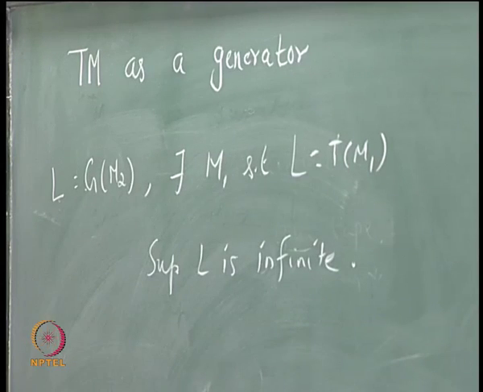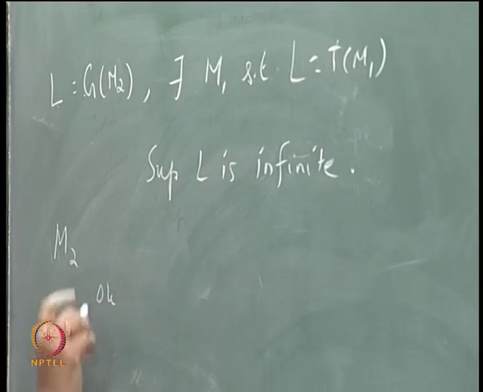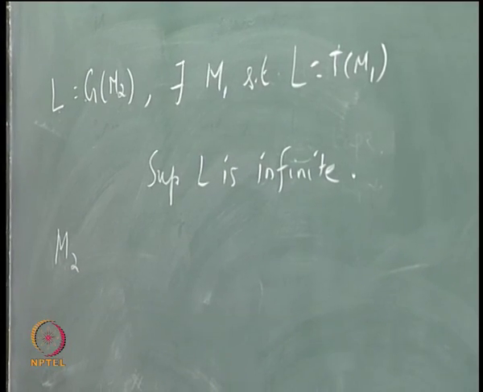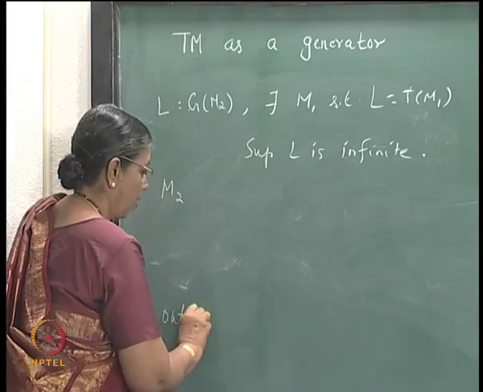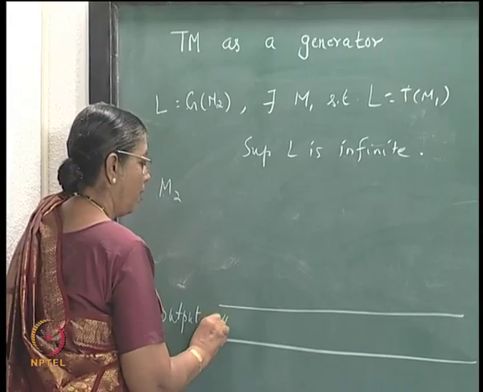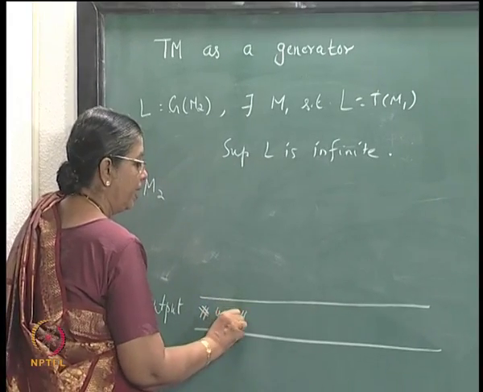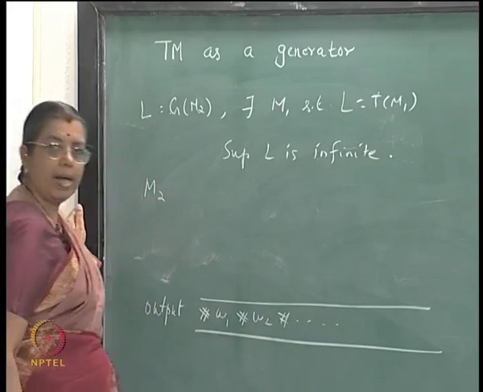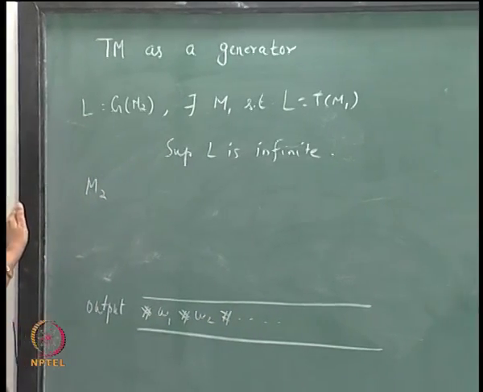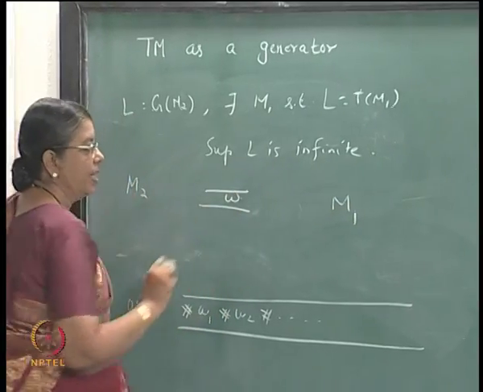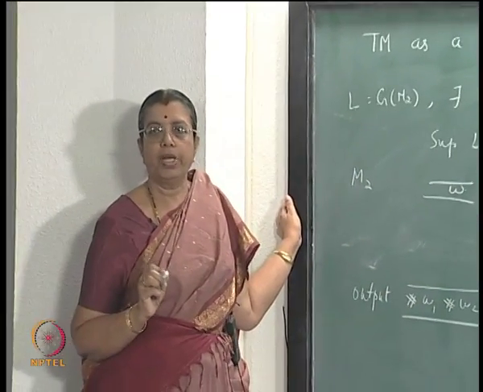How does M2 behave? M2 has an output tape where the strings will be printed in standard ordering, right. So, how does M1 behave given a string W, how will M1 accept it or not?